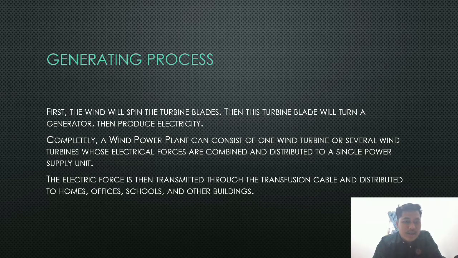Generating process. First, the wind will spin the turbine blades. Then this turbine blade will turn a generator. Then it produces electricity. Overall, a wind power plant can consist of one wind turbine or several wind turbines whose electrical forces are combined and distributed to a single power supply unit.